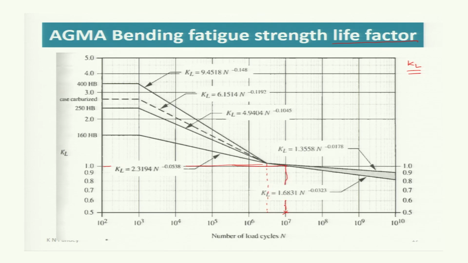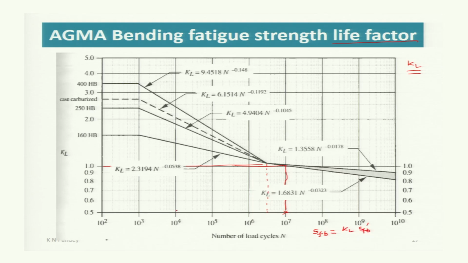Now, if life required is less than 10 to the power 6, then the factor KL will be more than 1. More than 1 means your SFB is equal to KL times SFB dash.